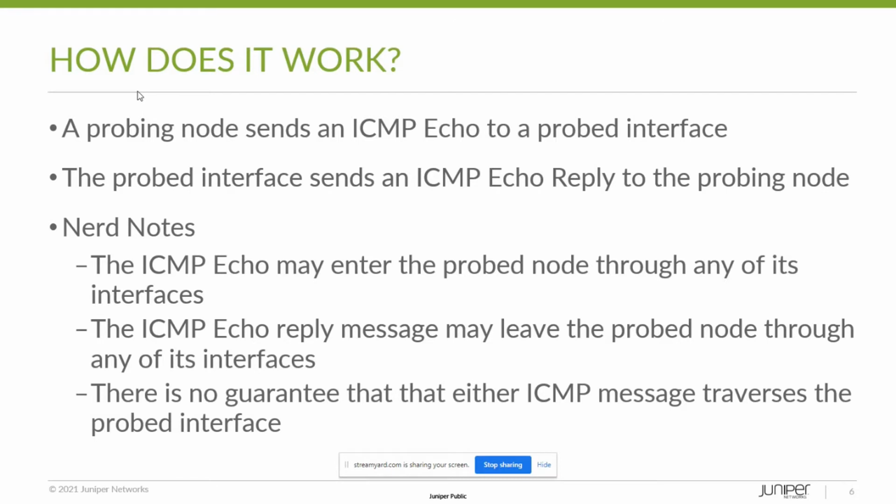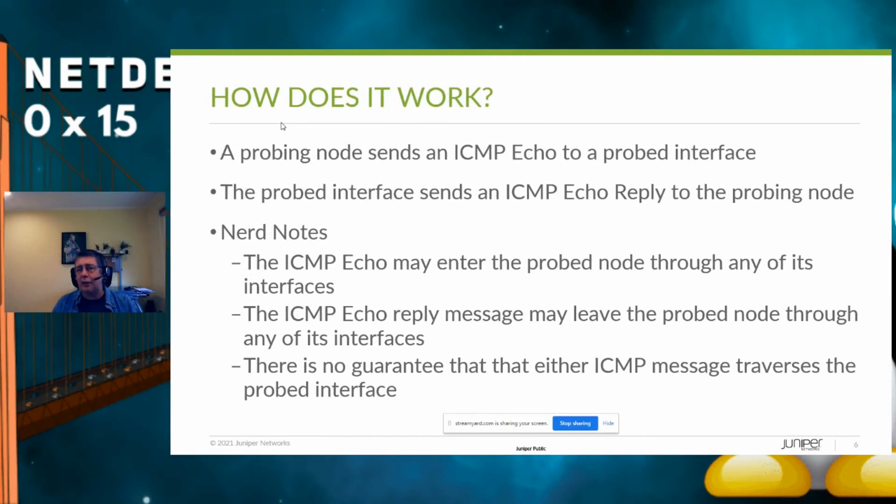The ICMP echo reply message may leave the probed node through any of its interfaces. So there's no guarantee that either ICMP message traverses the probed interface. The message may go in and out one interface, but be asking about the status of another interface.